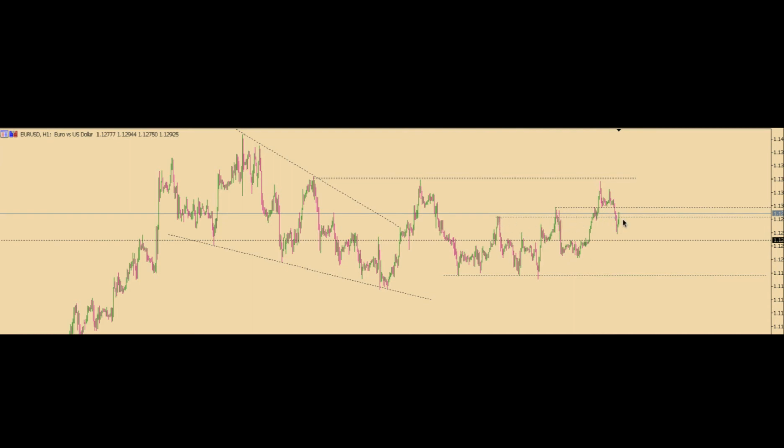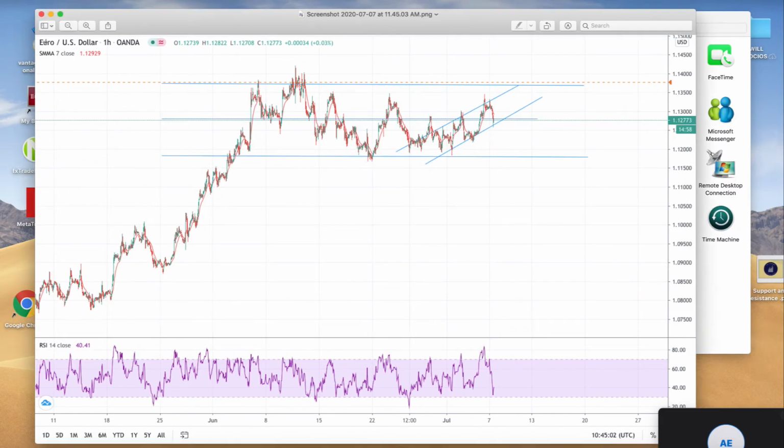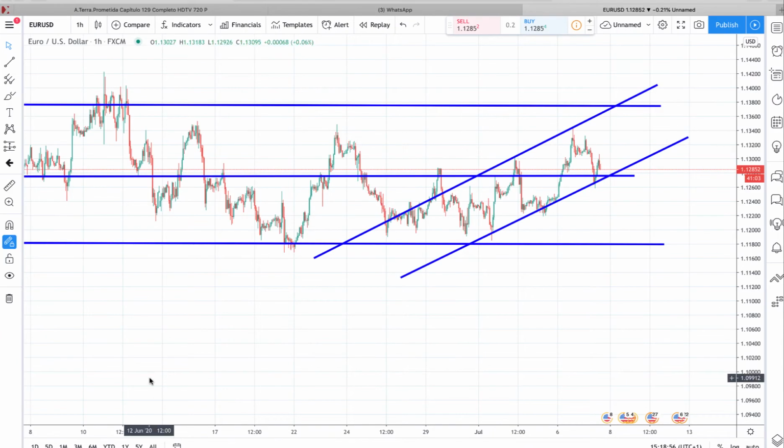One thing to keep in mind when you look at a small time frame like this is that it's very important to have an overall strategy. What do I mean by that? Let's go back to this one here, because I think that's going to be a lot easier for you guys to understand.